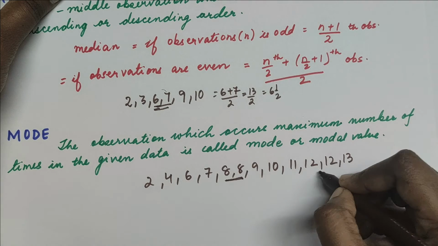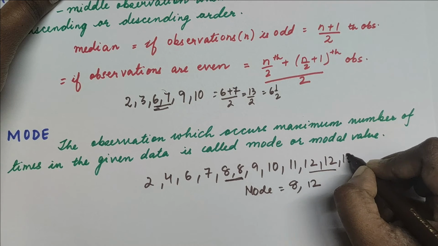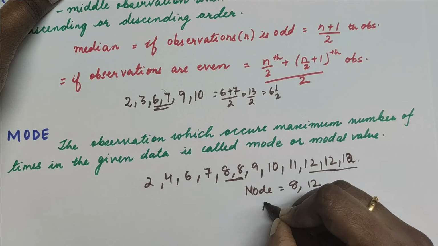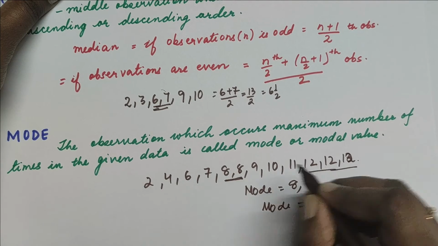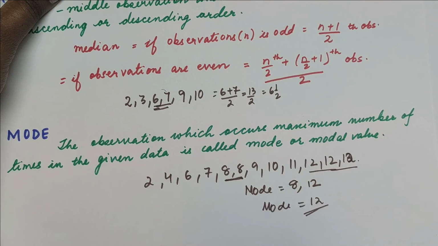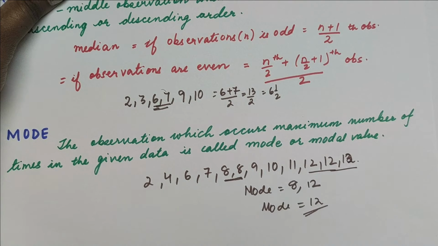It's 2 times 8 here and 2 times 12. 2 modes are there. So that is 8 and 12. Whichever number is occurring maximum number of times. So suppose here I had 12 3 times, then the mode would have been 12, because 12 would have occurred 3 times and 8 2 times. So maximum number of the repetition which is observed, that is the mode.